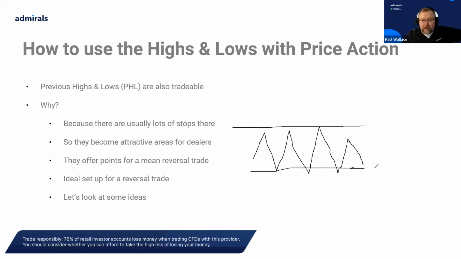What we might find is that as price pushes through this support level, there might be lots of people who start to enter shorts. They believe that the market is going down. So invariably they start entering shorts there. But they're looking for, well, where do I put my stop loss?